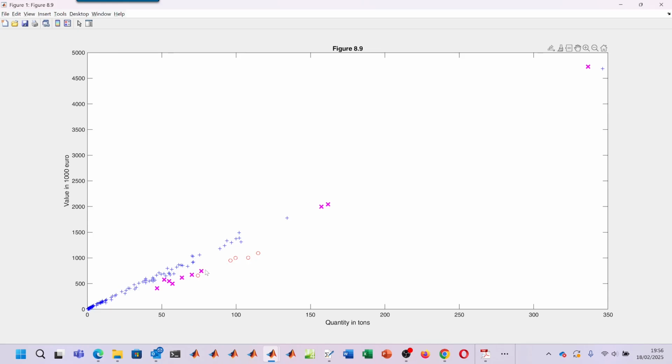Remember that for international trade data, the slope is the estimate of price. Therefore, the observations that are below the regression line are the transactions that are associated with declared price significantly smaller than that of the majority of the data.